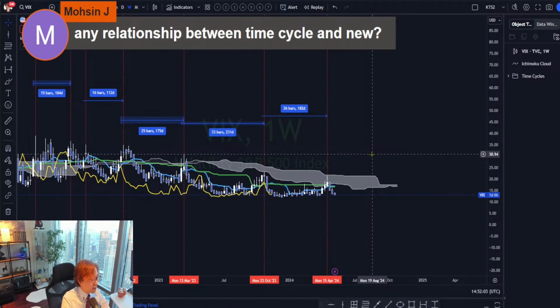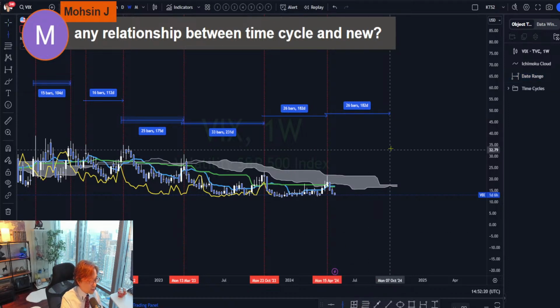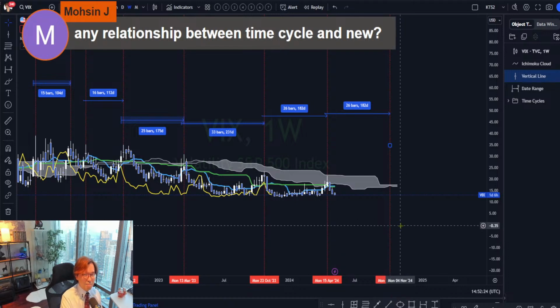So from here, I think the next timing when the volatility increases will be 26 bars ahead on the weekly chart, which is going to be on the week of the 7th of October this year. So that means 7th of October this year, some events may happen.